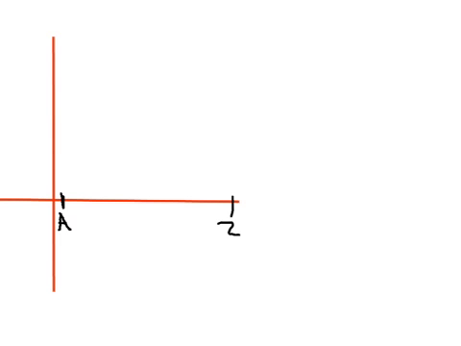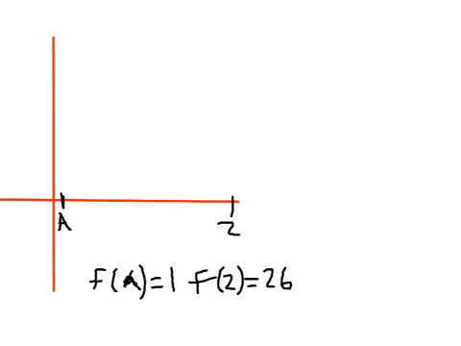And so f of A would then equal 1, and f of Z would then equal 26. So let's say this is 1 right here, and this is 26. So f of A is 1, and f of Z is 26 up here.